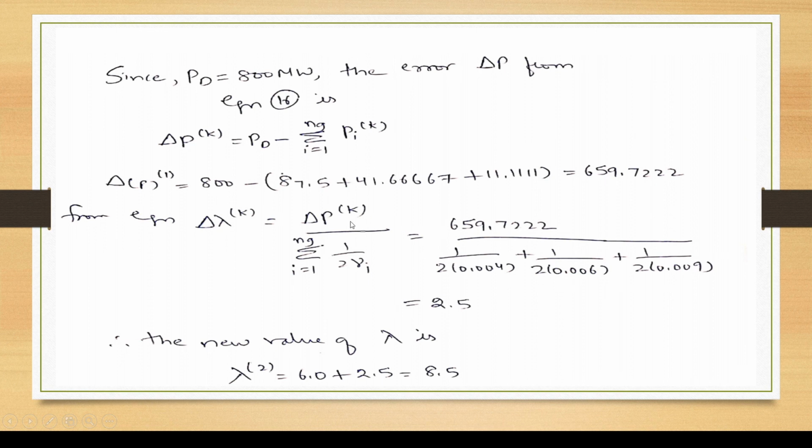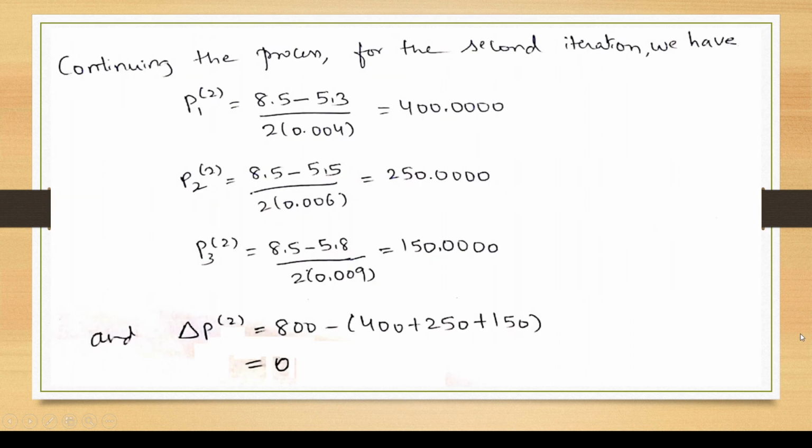Substituting delta Pk and the values of gamma 1, 2, 3, we get delta lambda k as 2.5. The new value of lambda is the assumed value 6 plus the calculated value 2.5, so 8.5 is the new value of lambda.